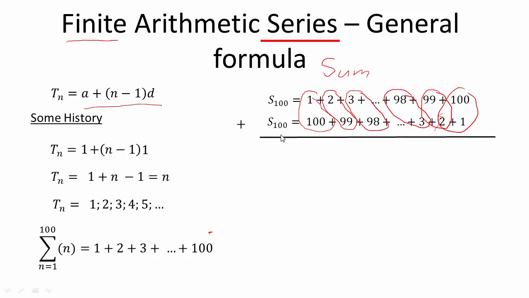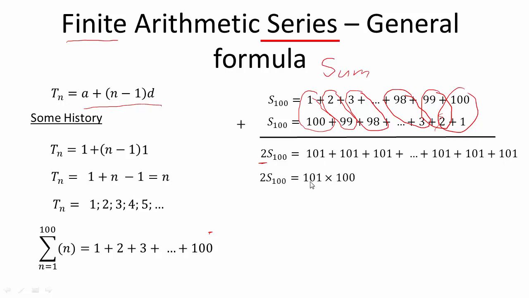What if we add those two together? On the left-hand side of the equation, we get 2 times the sum of 100, and everywhere else we get 101. We also know that there must be 100 of these terms, each equaling 101. So we can simplify that into 101 times 100, because we know that there are n terms.